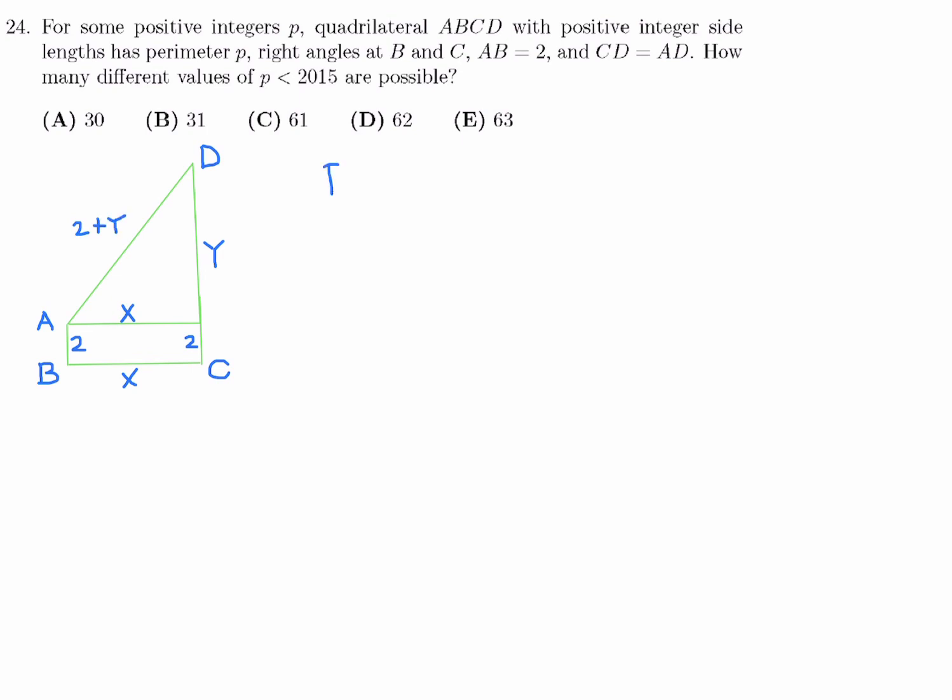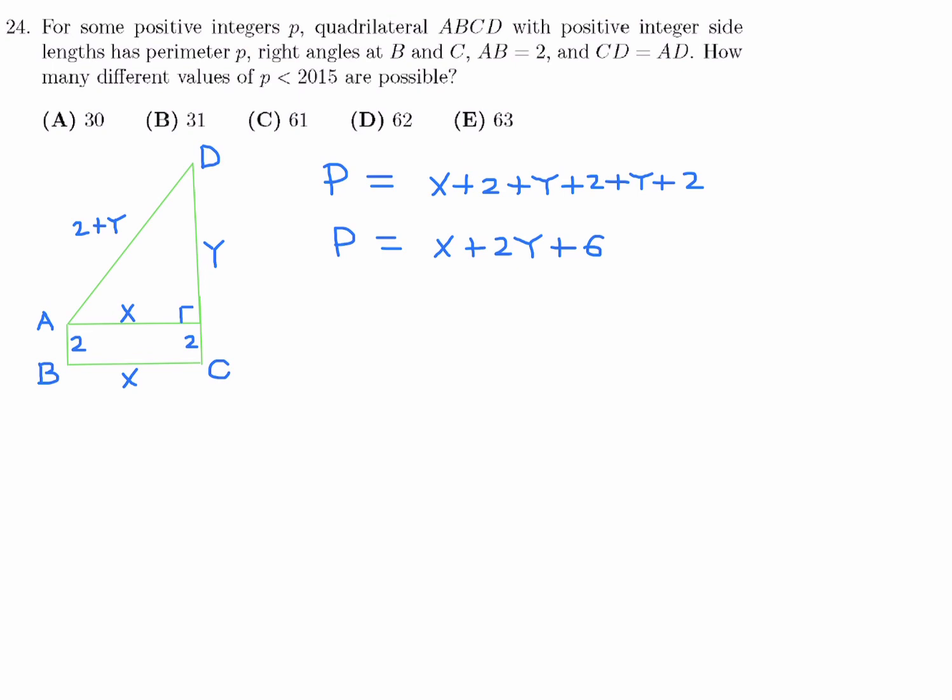All right, so therefore the perimeter of this is going to be X plus 2 plus Y plus 2 plus Y plus 2. And when you simplify, that becomes X plus 2Y plus 6.